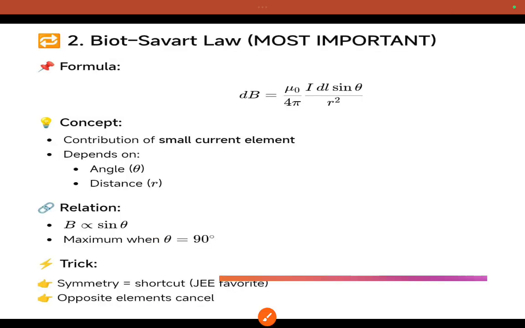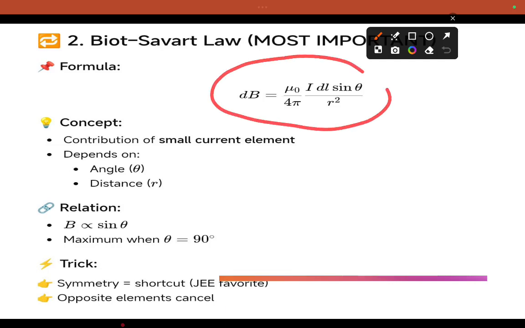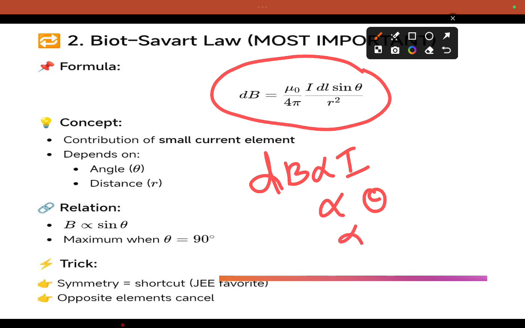Coming to the second one, Biot-Savart law. It is represented as dB equals mu naught by 4 pi times I dl sin theta by r squared, where the change of the magnetic field is proportional to I, to sin theta, to the length of the conductor element, and inversely proportional to the square of the distance.